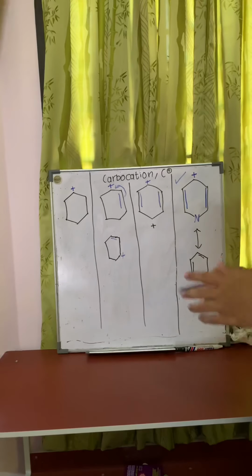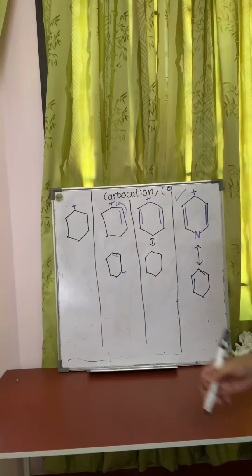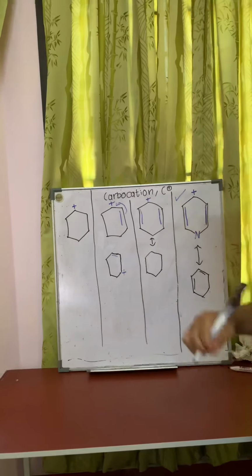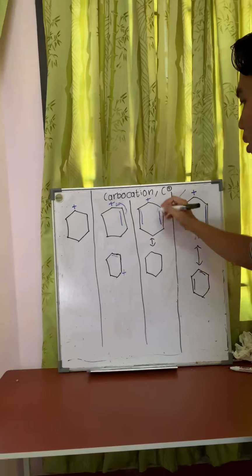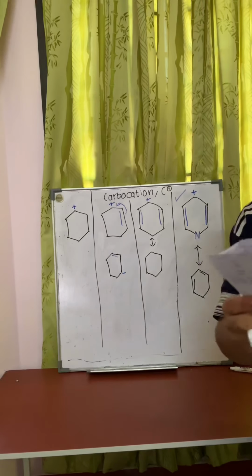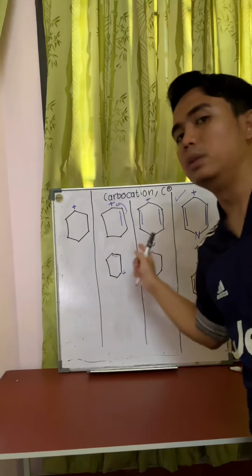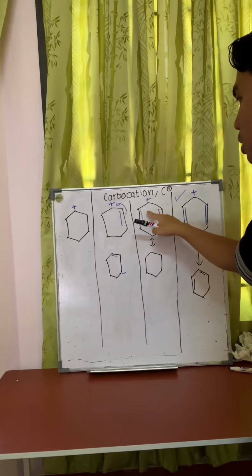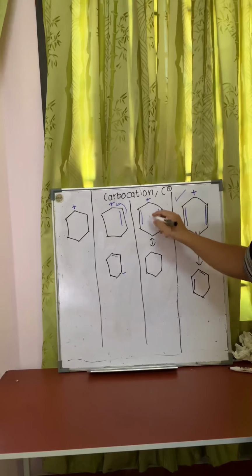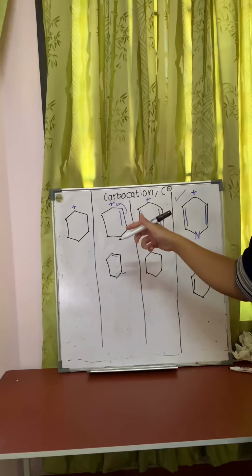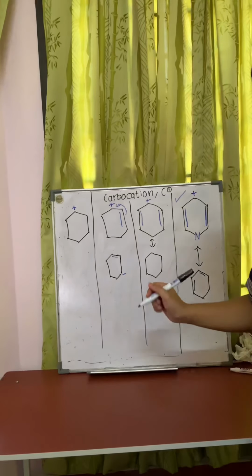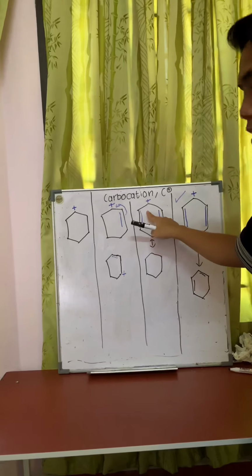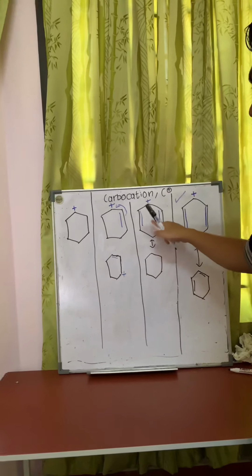Okay, for the next, they have 2 double bonds. So as we can see here, the positive charge can jump across 2 carbons as it moves around the structure.